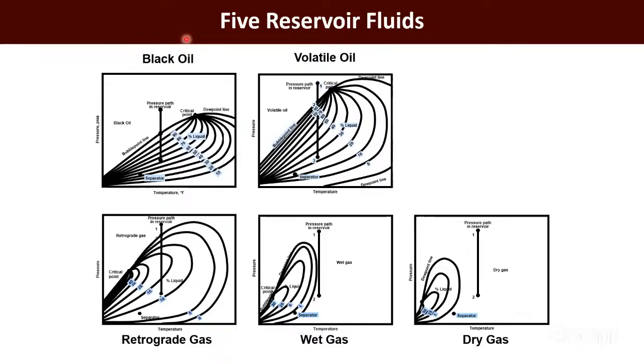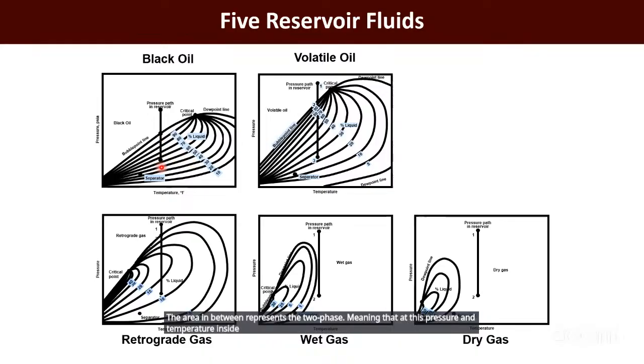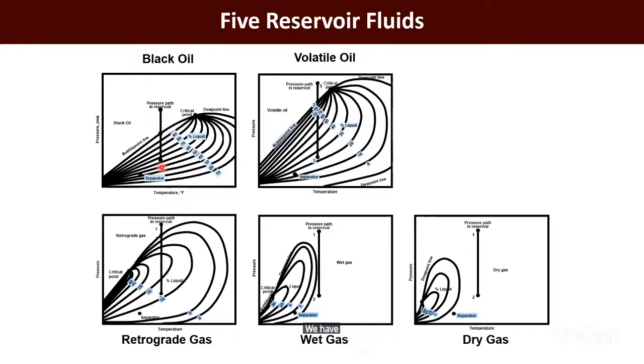The first one is the black oil. There are some definitions that we need to understand in these diagrams. So this is called a phase diagram. The phase diagram is a pressure and temperature relationship. And we have lines here. This huge line, the area in between, represents the two phases, meaning that at this pressure and temperature inside these lines, we have two phases, oil and gas together.